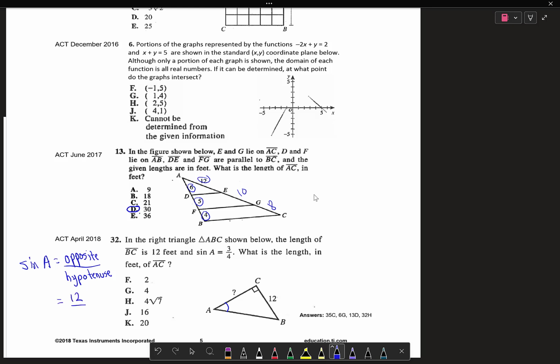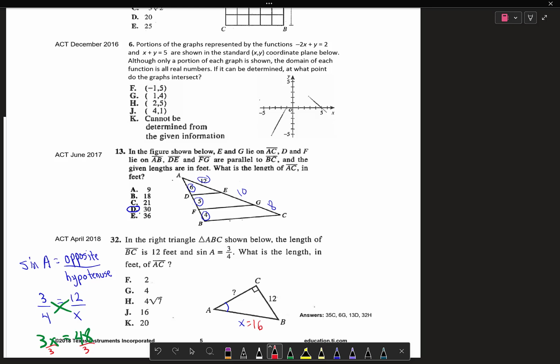The hypotenuse is unknown. We don't know that just yet, but we know that this exists in a ratio of 3/4. So to solve for x, we can cross multiply. So that gives us 3x equals 48. Divide both sides by 3. And x equals 16.